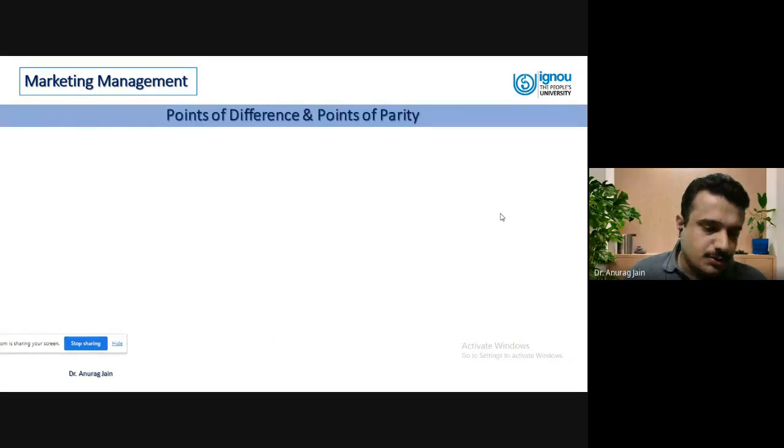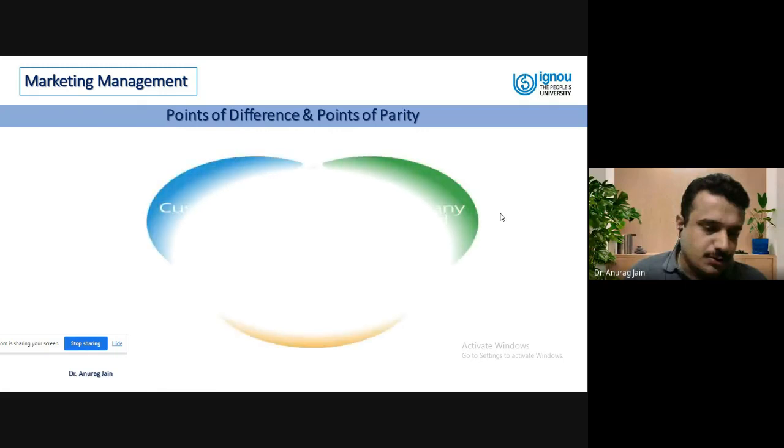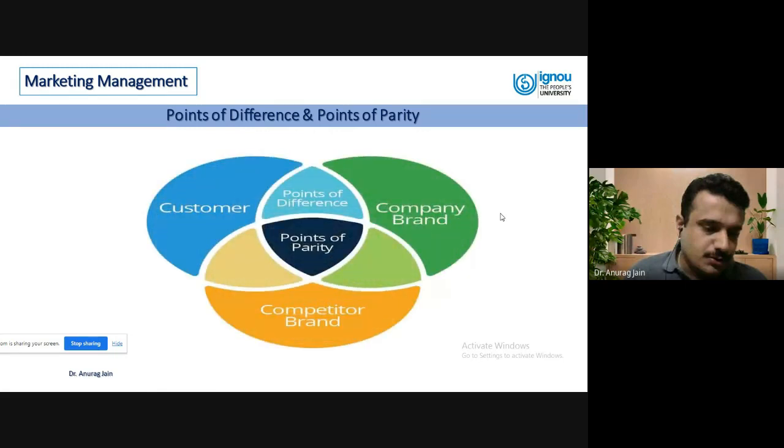Now there is another important aspect we have to talk about, and why I'm talking about this now is because you understood the clear difference between products and brands. There is another important concept which talks about points of difference and points of parity. So what is points of difference? The points which make your product very different from all your competitor products are known as points of difference. And points of parity means similarity.